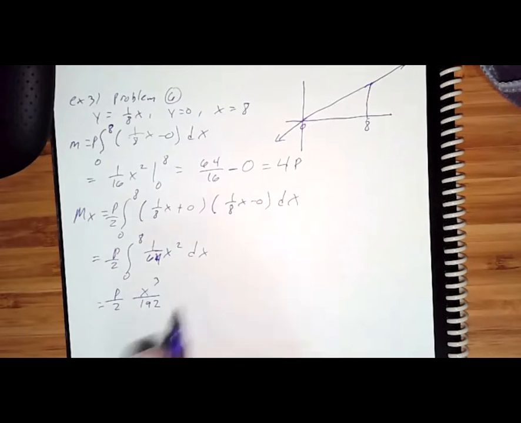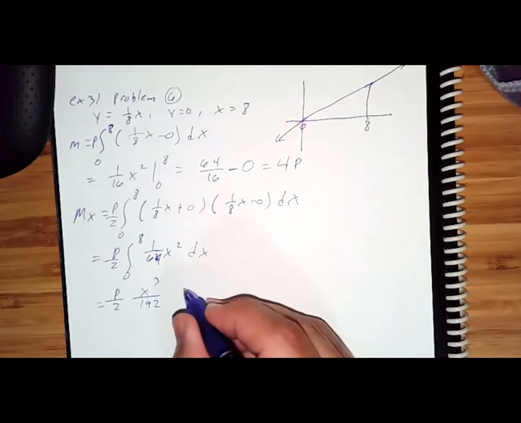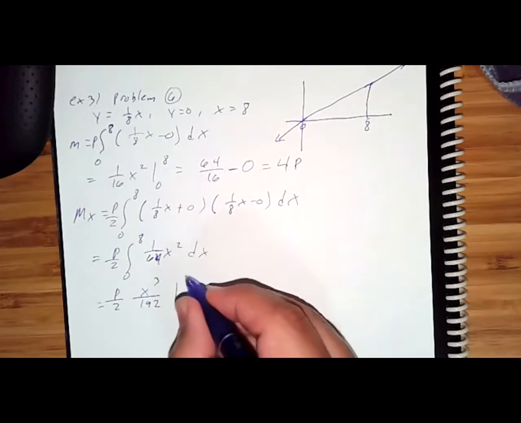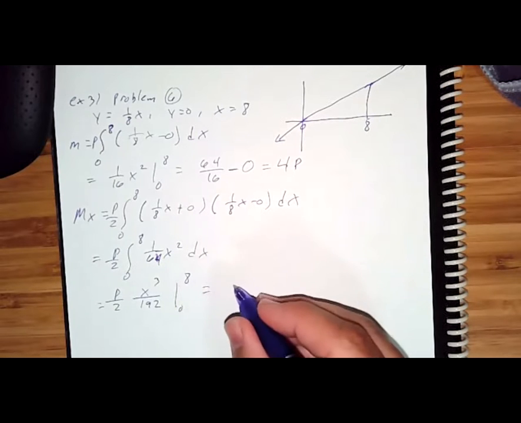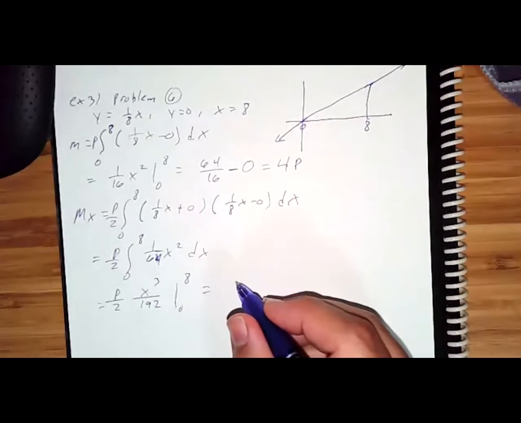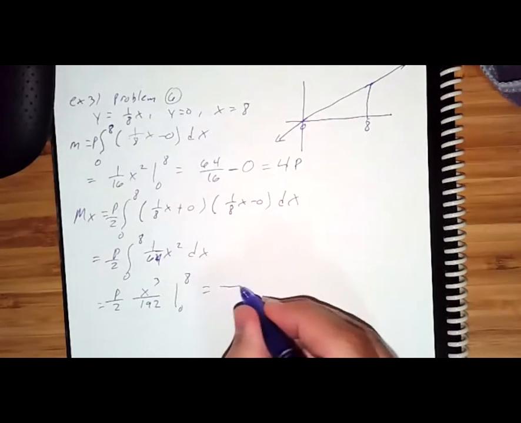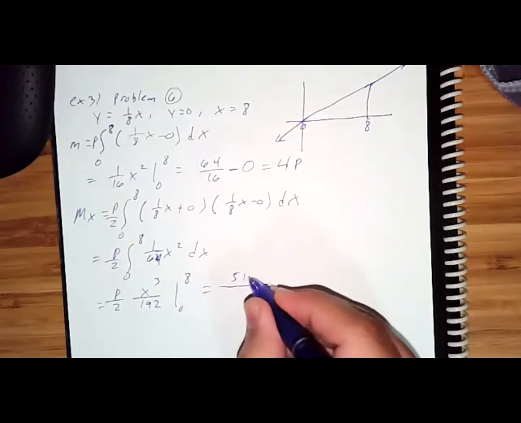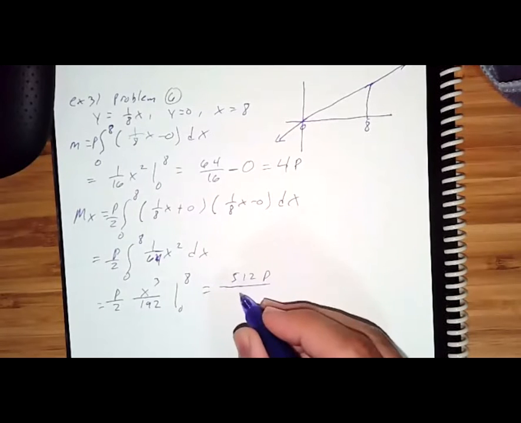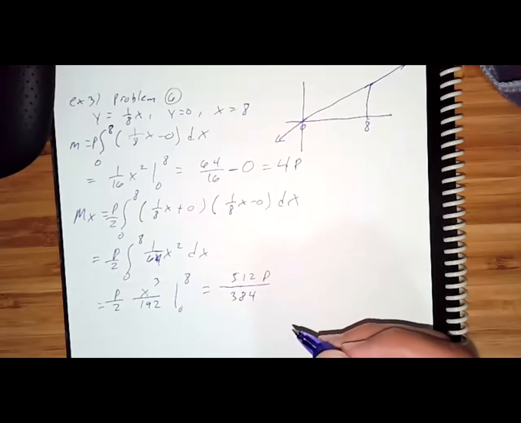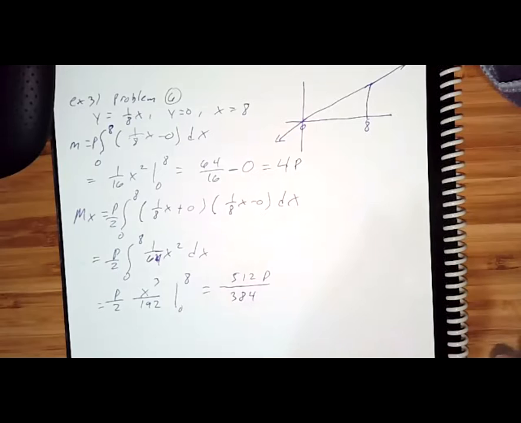Okay, plug in the 8, from 0 to 8. So that will be 8 cubed, 512. That's going to reduce, right?